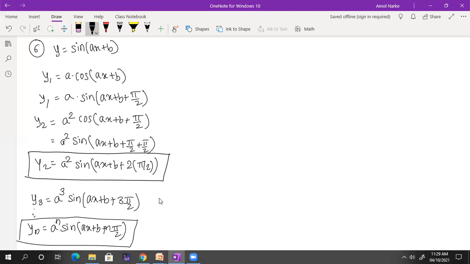So y is equal to cos of ax plus b. Tell me what will be my y1? So minus a sine ax plus b.